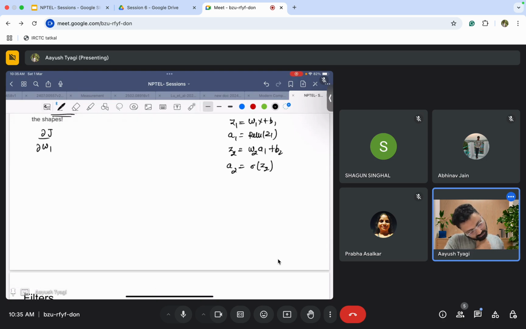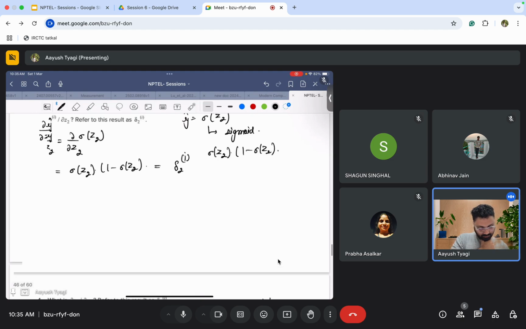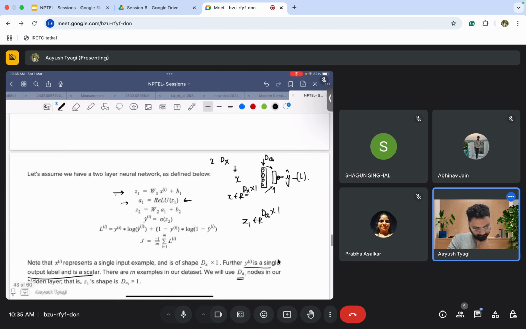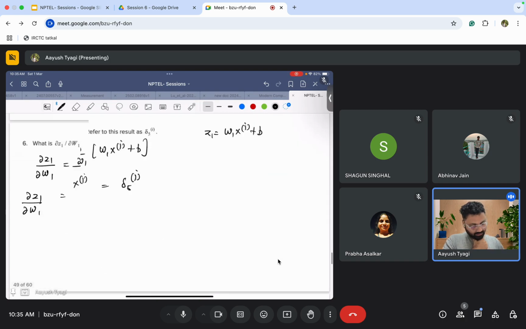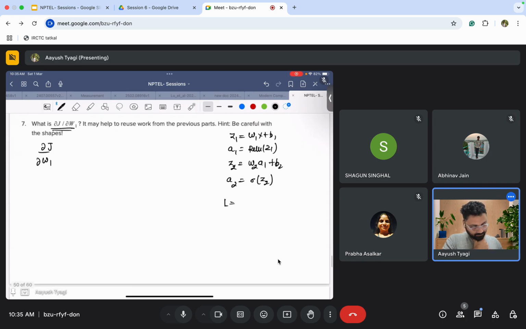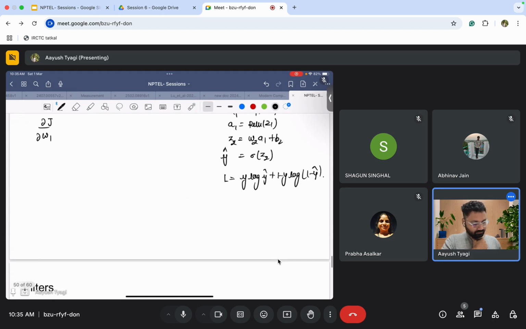And then you have Y, you have a loss term here, with 1 minus Y log 1 minus Y. Then you have a J, which is basically averaging over all the samples.